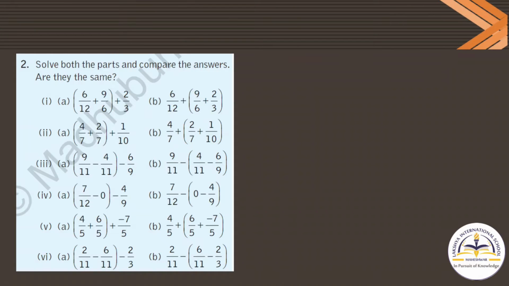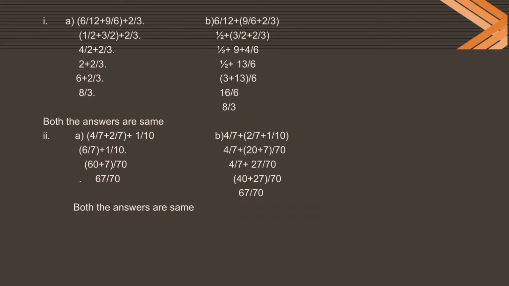Now question number 2. Solve both the parts and compare the answers. Are they the same? First, A part, 6/12 plus 9/6 plus 2/3. B part, 6/12 plus 9/6 plus 2/3. Now we will solve both A and B parts.